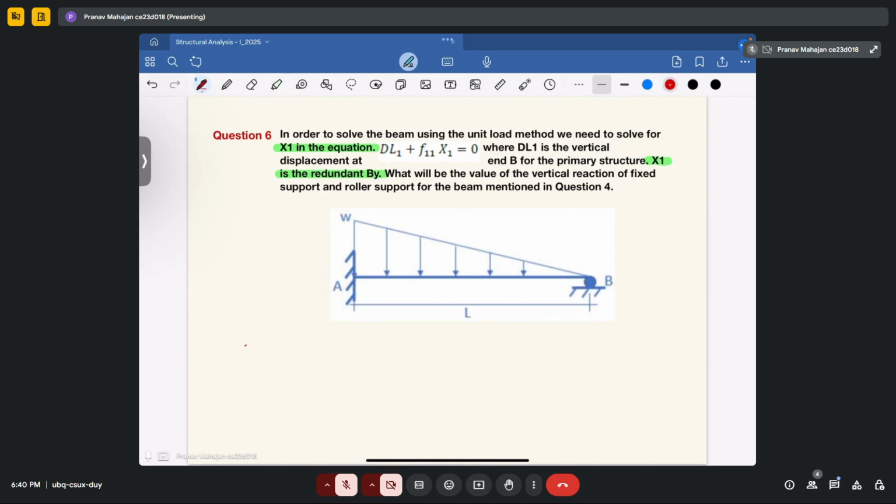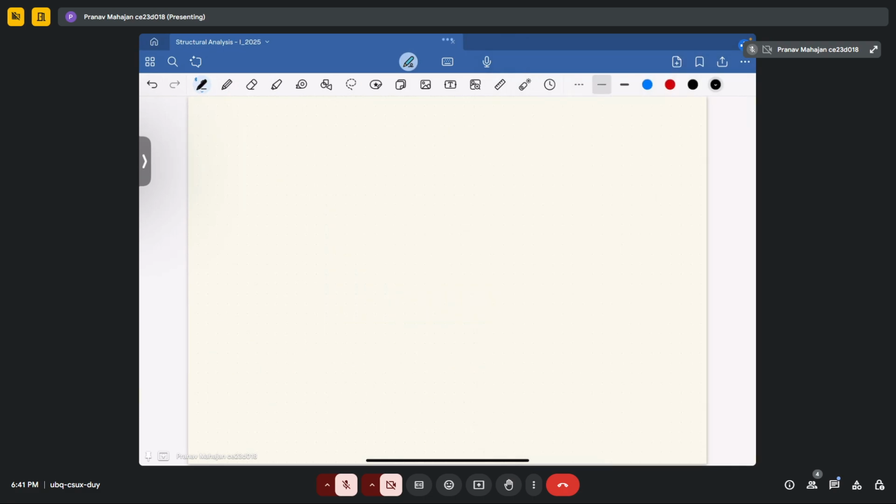So using the compatibility equation, that is DL1 plus F11 into H1 equal to 0. Now we have determined all the values in the previous two questions, that is question number 4 and question number 5.